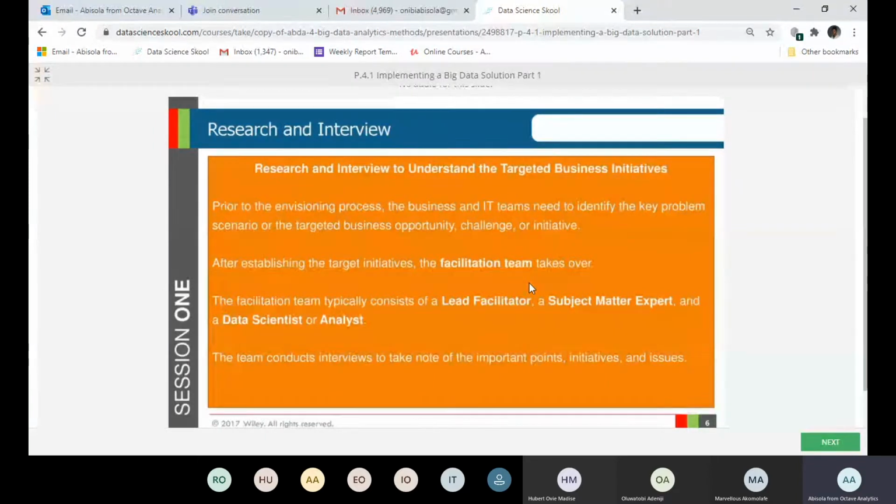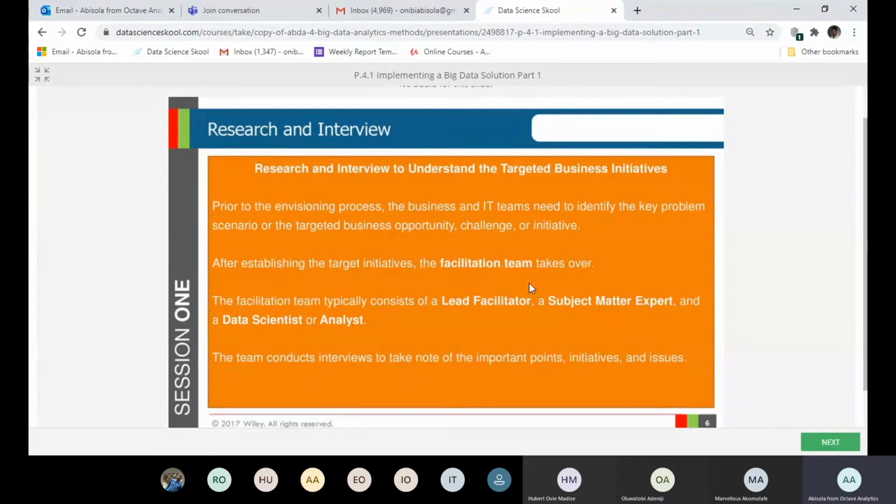So the facilitation team consists of three major people. They are the ones that will perform this research and see the activities they can perform to make sure that they are getting enough information to bring the best big data solution to the table. So the team is called the facilitation team. And this facilitation team consists of a lead facilitator, a subject matter expert, and a data scientist or analyst.